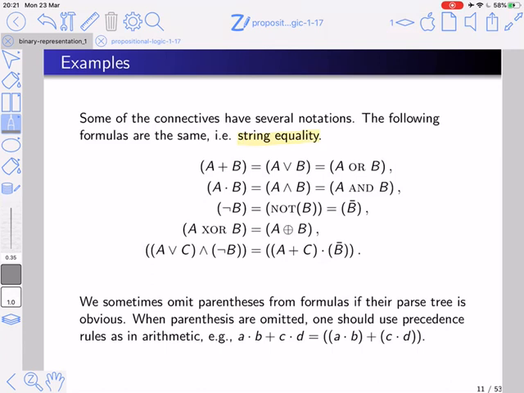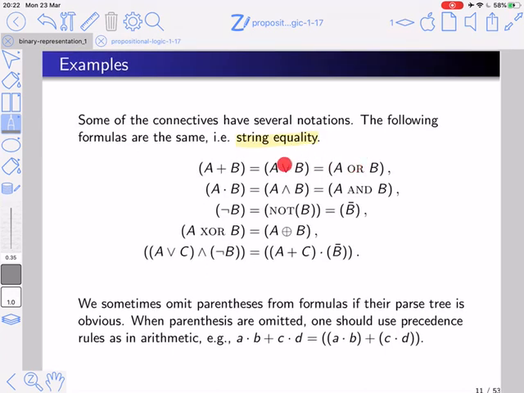Now, we will use equivalent notation for our connectives. So we can write or, v, or plus. This is the same thing. We do not make any distinction between the plus, the v, and the or.